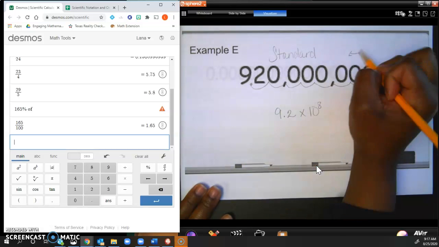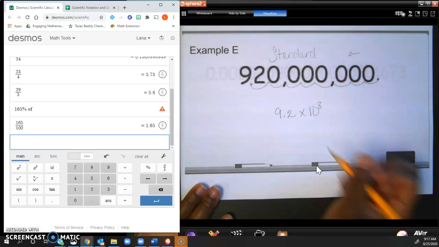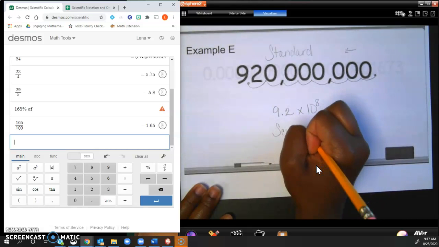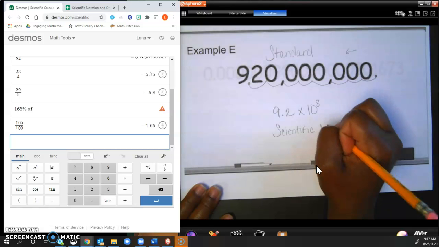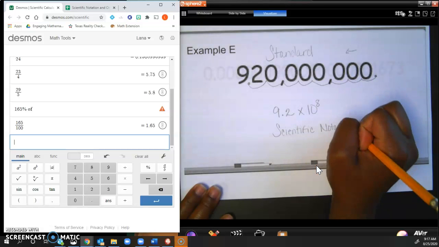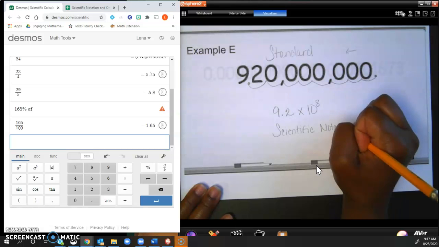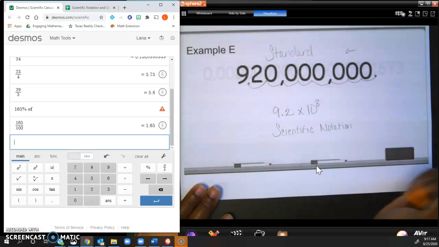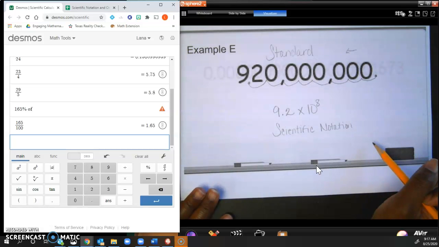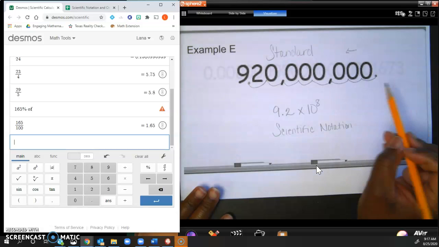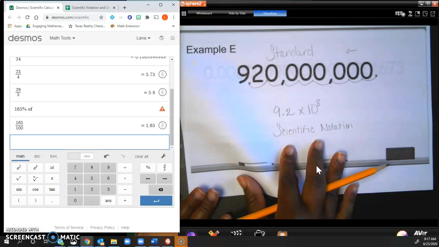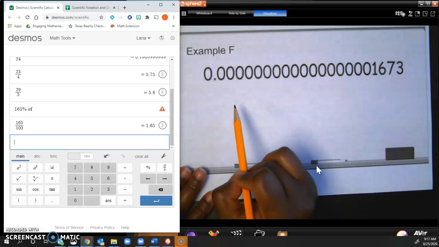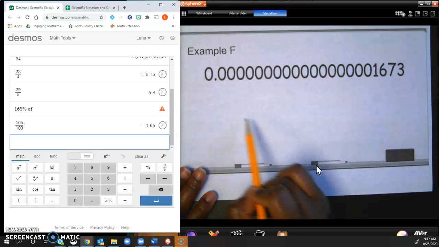So when you're going from standard to scientific notation, and it's a large number, you move your decimal to the left. Now, when you're going for a very small number, you're going to move your decimal to the right.